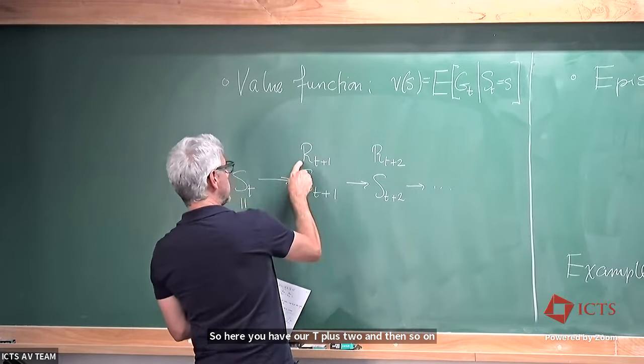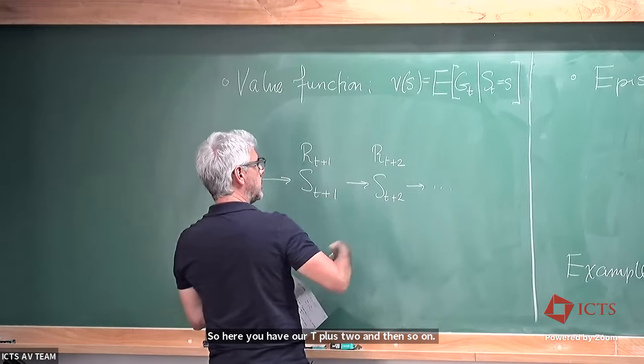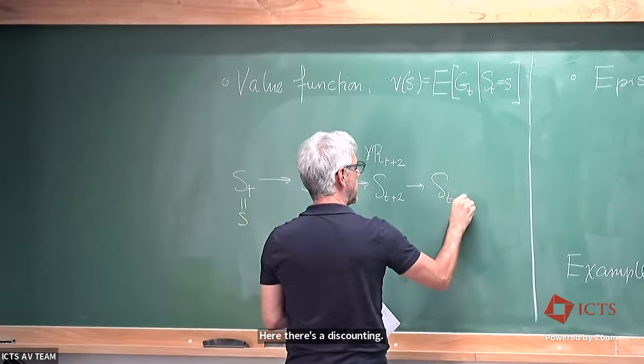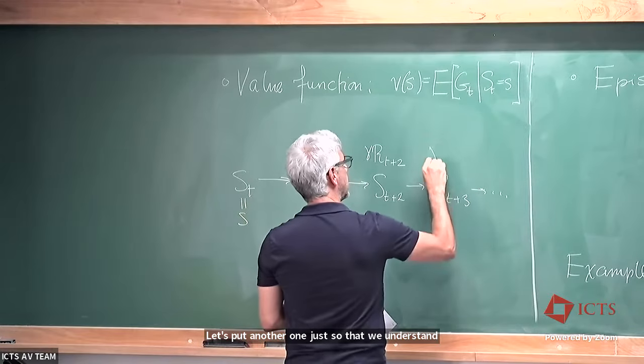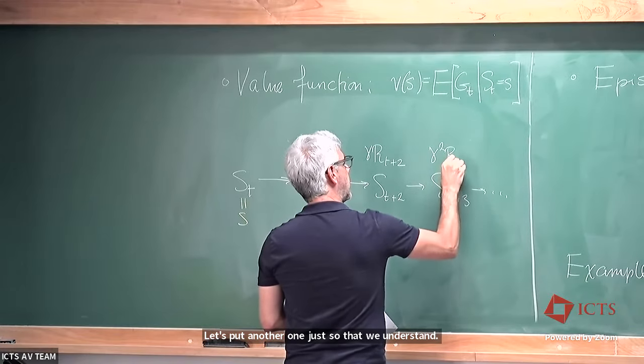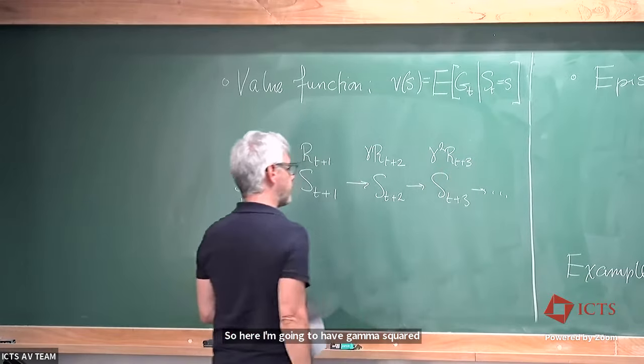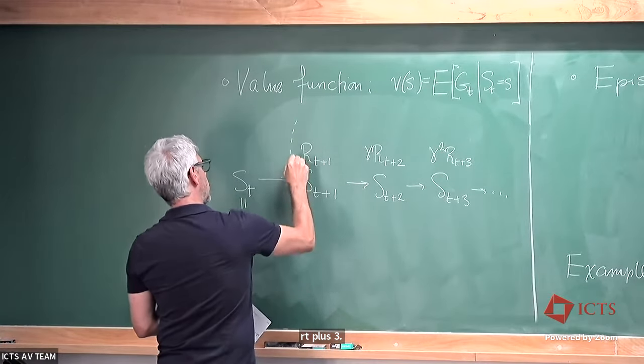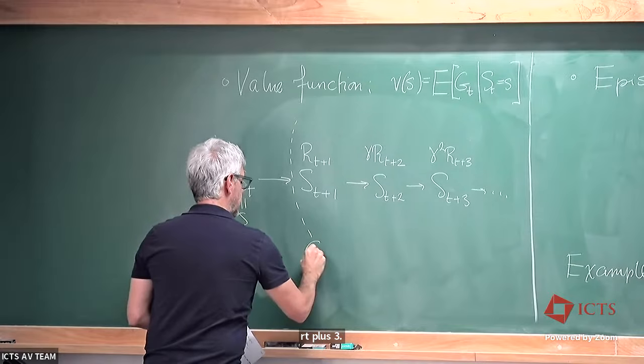So here there's no discounting. Here there's a discounting. Let's put another one just so that we understand. So here I'm going to have gamma squared R t plus 3. So my horizon for the discount is here.